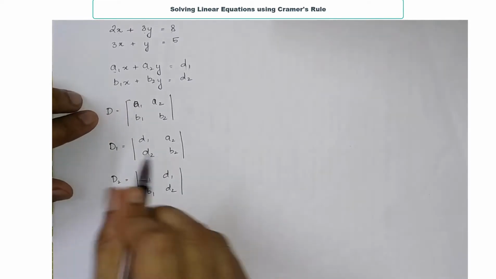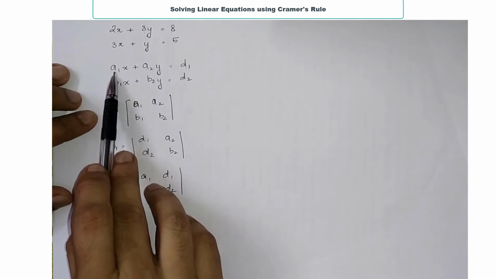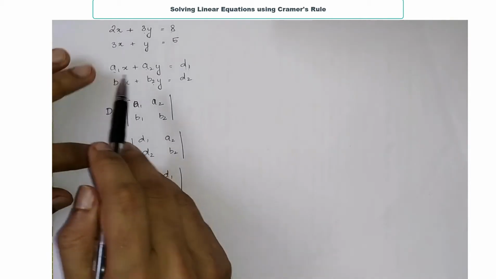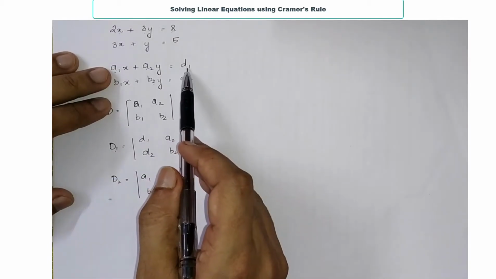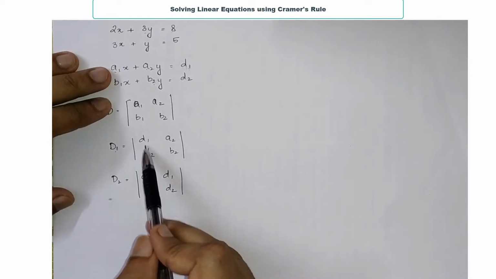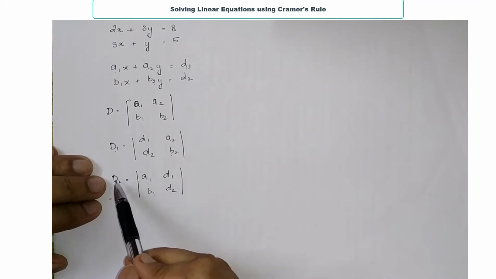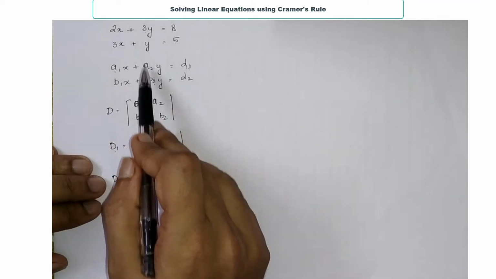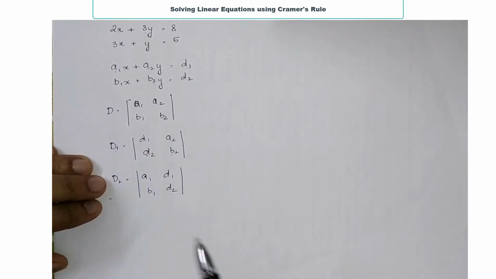So I'll say once again, determinant D is the coefficients a1, a2, b1, b2. When it comes to D1, don't write the coefficients of the x values; instead put d1 and d2 there, so d1, d2, a2, b2. When it comes to D2, it's the determinant of a1, b1, but instead of the coefficients of y, put the values d1 and d2.